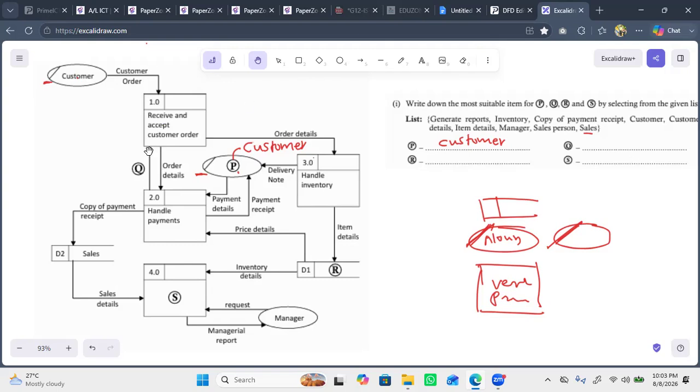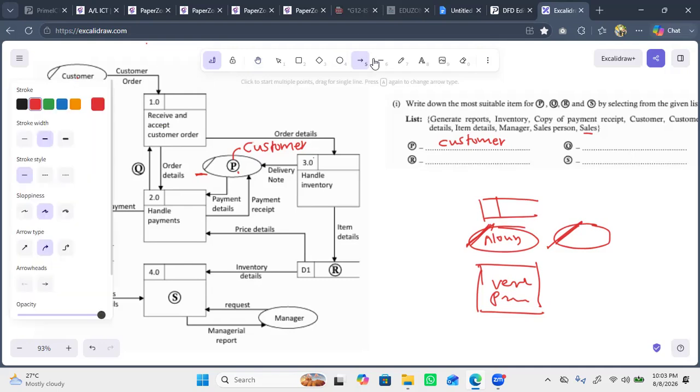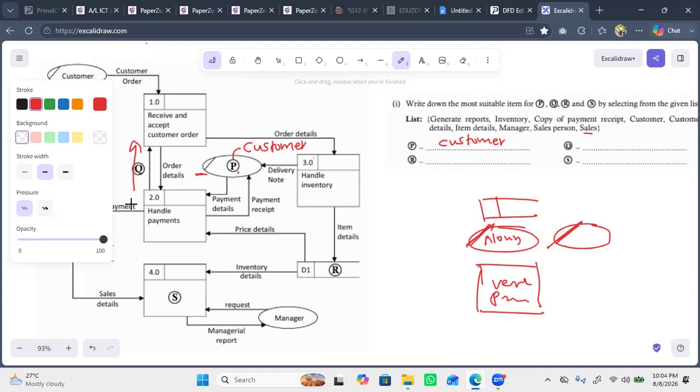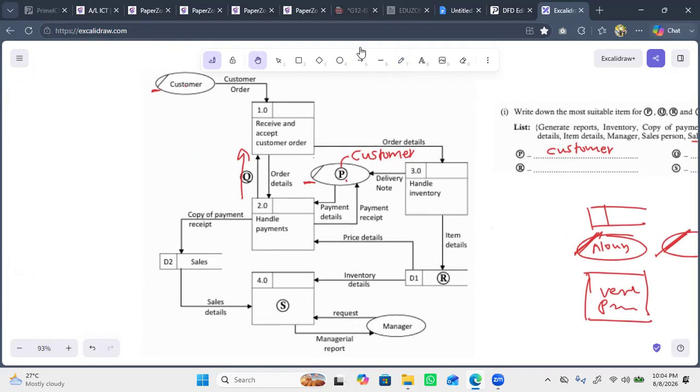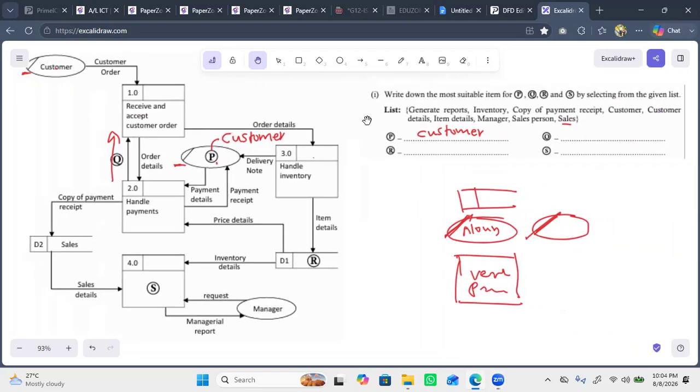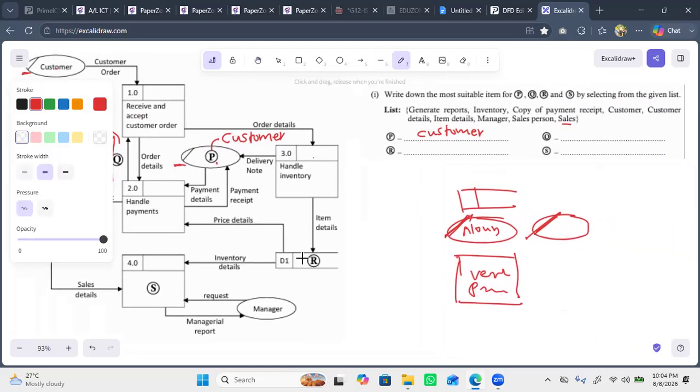See, this is going towards the customer's direction. Zuha, the answer is not copy of the receipt. Let's come to Q later. Let's first do something easy.